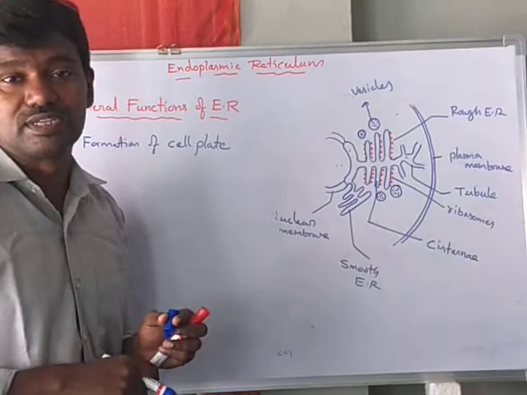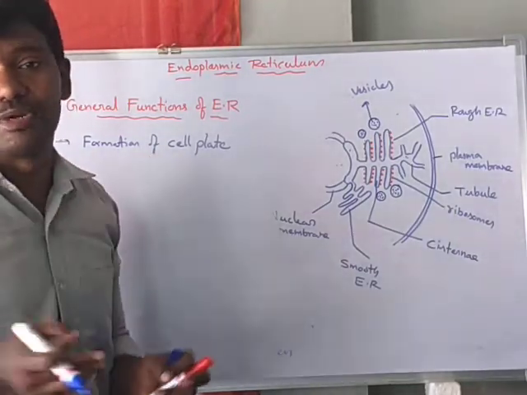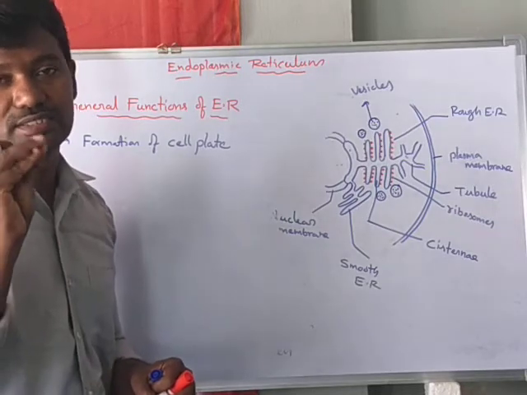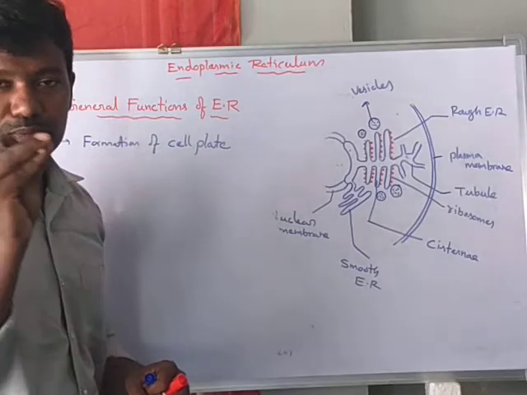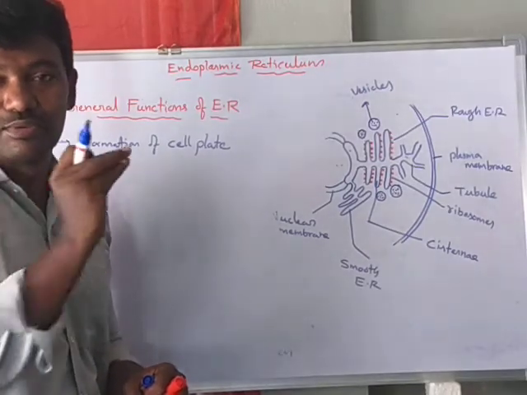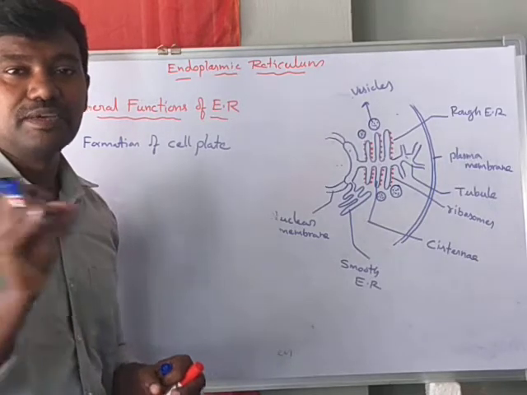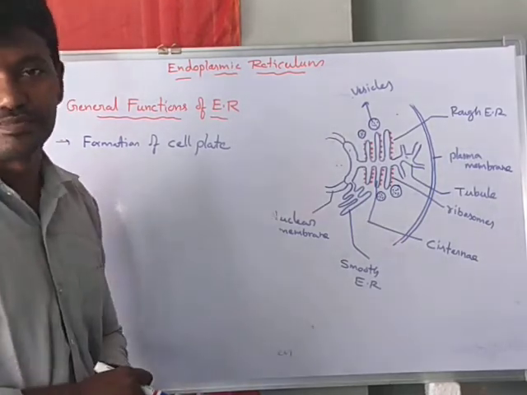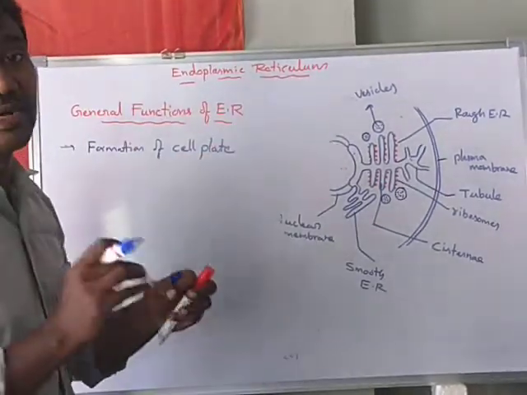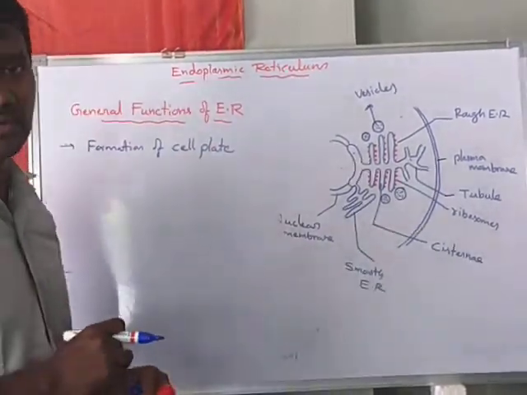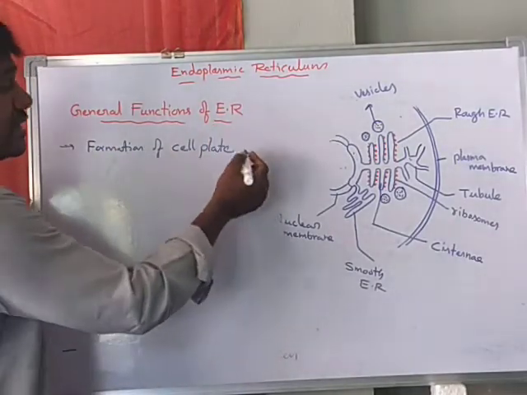At the time of cell division, when the two daughter nuclei are formed, small pieces of vesicles or endoplasmic reticulum form a small cell plate that separates the two daughter cells. So the cell plate is formed at the time of cell division.